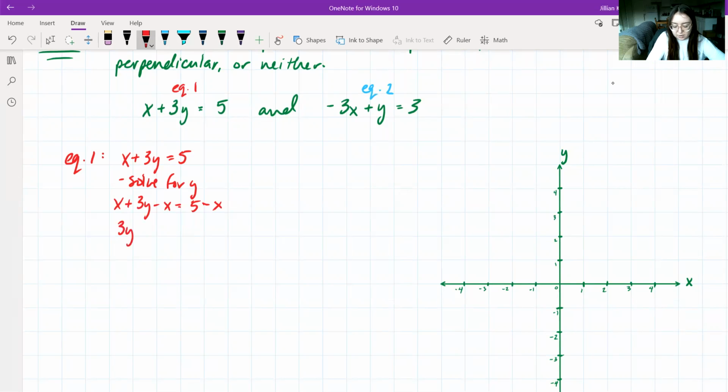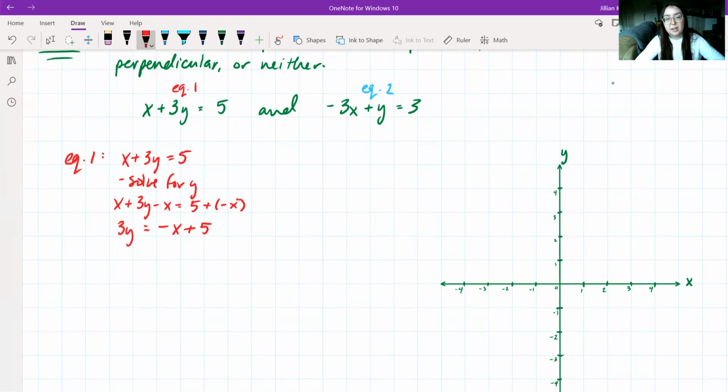This now gives us 3y, and instead of writing 5 minus x, I'm going to write -x plus 5. I can rewrite this since saying 5 minus x is like saying 5 plus negative x, and once we're adding, we just use our commutative property. So 3y is equal to negative x plus 5.